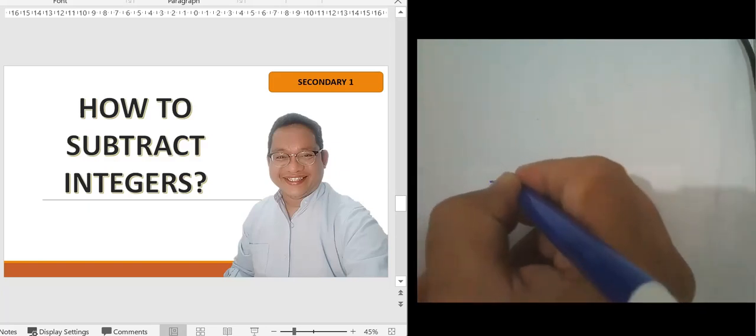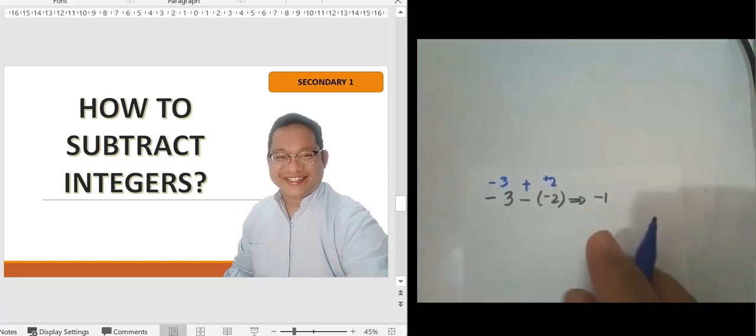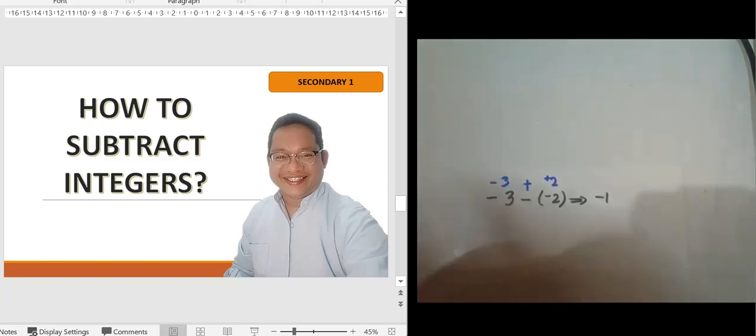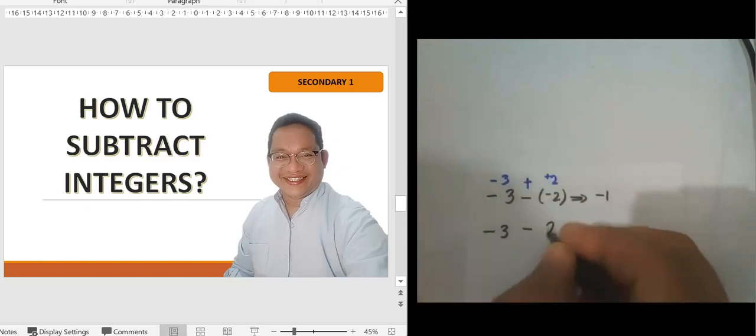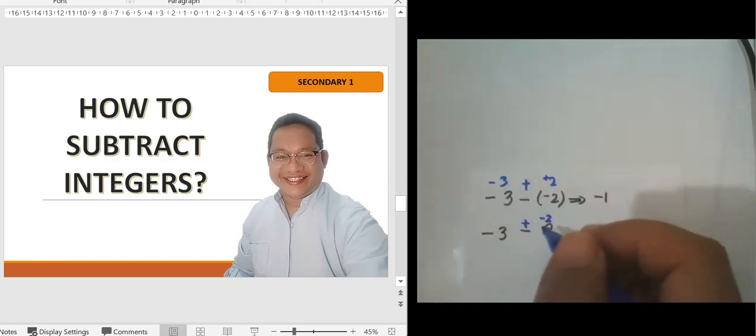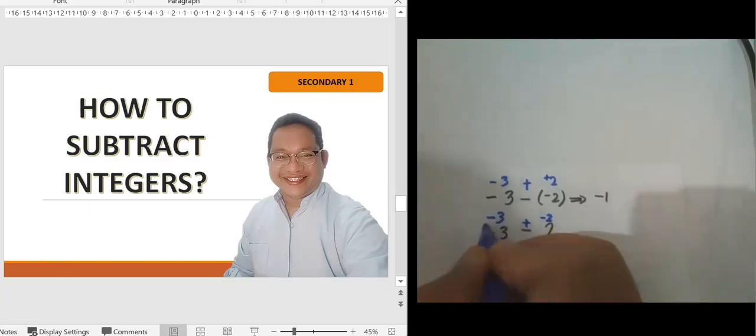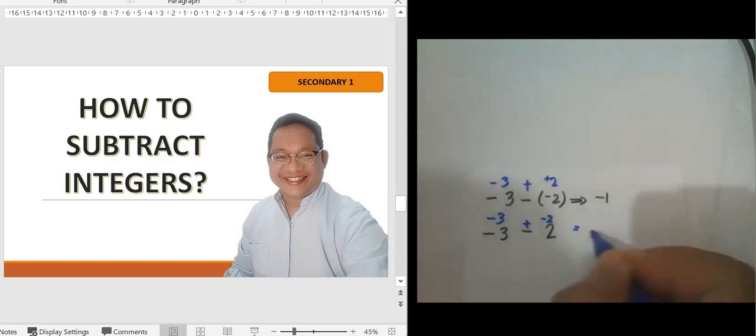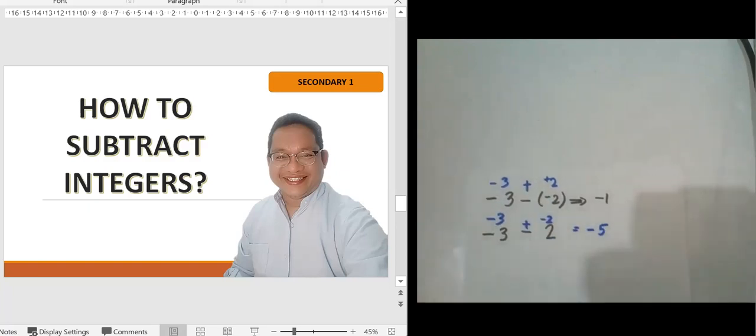So -3 plus +2 is -1. And then if, for example, -3 minus 2, again, do the same thing. This one here, make it plus, and this 2 here, make it -2. So the question now is -3 plus -2, that's actually -5.